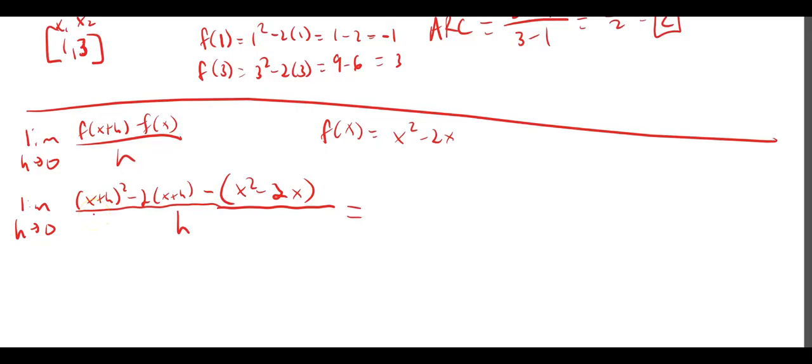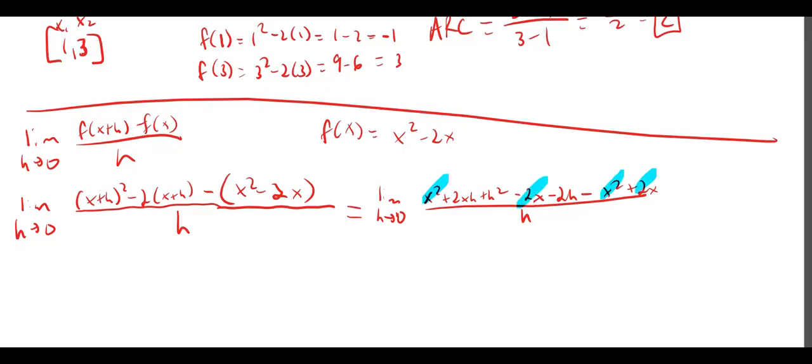So from here, again, x plus h squared equals x squared plus 2xh plus h squared. Distribute that negative 2, and then distribute the negative. Now x squared and the 2x's cancel out.